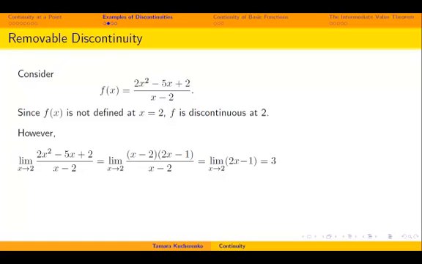The numerator can be factored as x minus 2 times 2x minus 1. Since in the limit we consider only values of x other than 2, we can cancel x minus 2 in the numerator and denominator and obtain limit at 2 of 2x minus 1, which is 3.